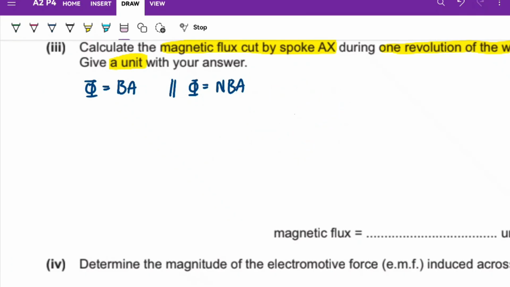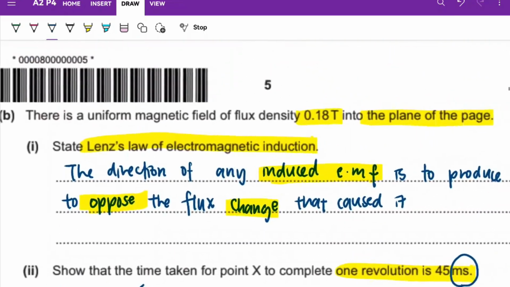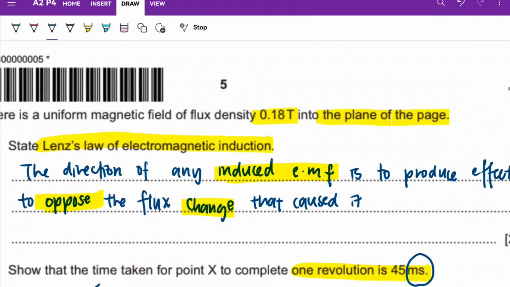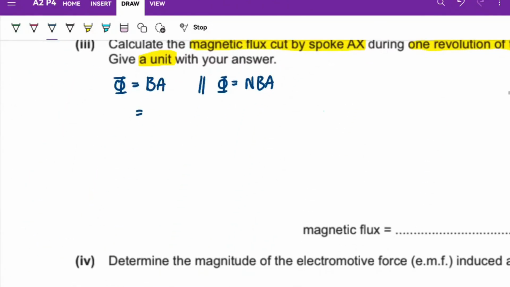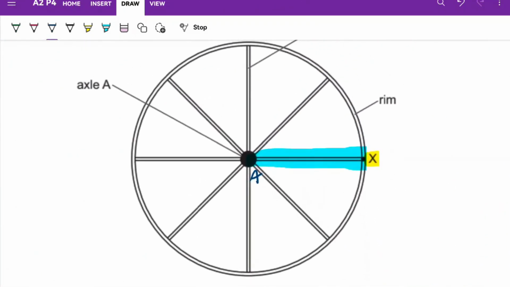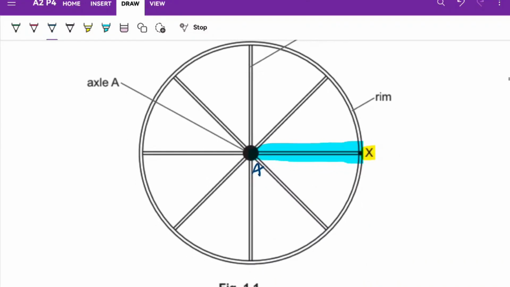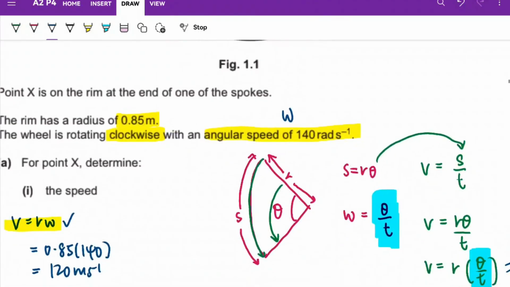Now, we can start calculating it. Magnetic flux density is given, 0.18 T, and for the area, go back up here, this is a circle, right? So the circle has an area formula of pi r squared. We know our r is 0.85 meter.